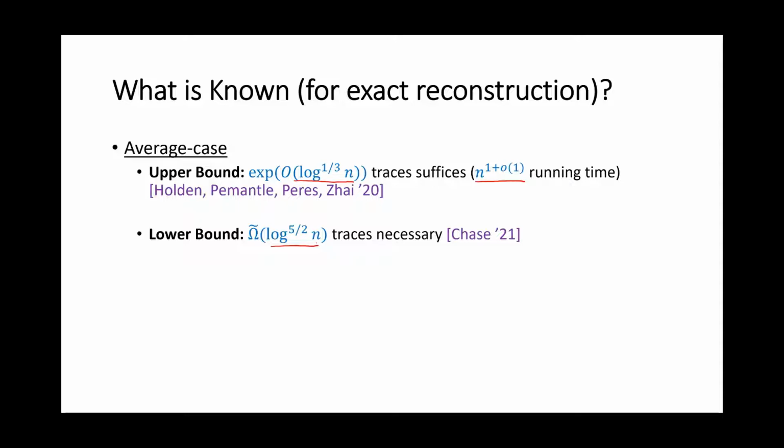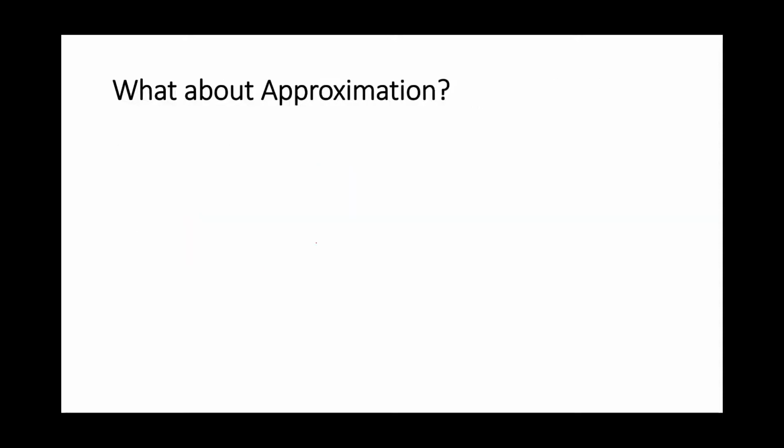But both these results are for exact trace reconstruction. So one of the open problems is, can we close this gap? But today we will not go into that direction. We will take a slightly different direction, and we will ask the question of approximating the trace reconstruction. So the question is, what about the approximation?